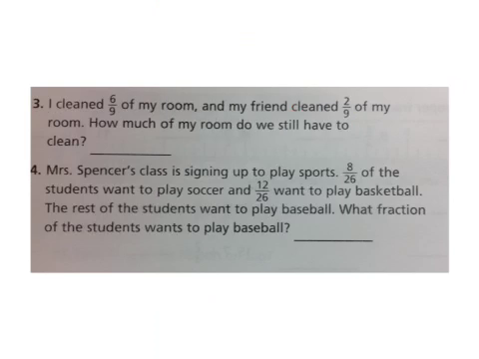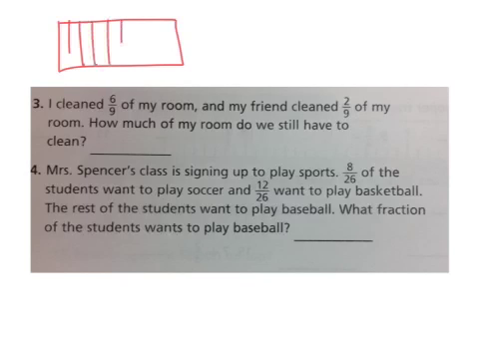Number 3 is a little bit tricky because it's one of these multi-step problems. It says, I cleaned 6/9 of my room and my friend cleaned 2/9 of my room. How much of my room do we still have to clean? Well, we could do this in a couple of different ways. We could say, all right, let's split the room up into 9 parts: 1, 2, 3, 4, 5, 6, 7, 8, 9. And I'm going to say I did 1, 2, 3, 4, 5, 6/9 of my room, and my friend did 1, 2/9.